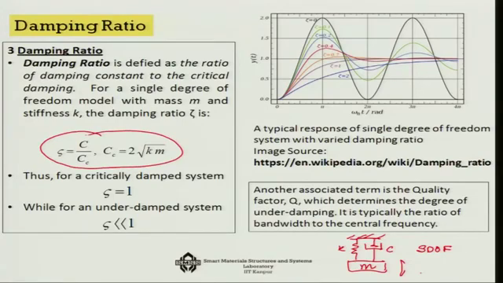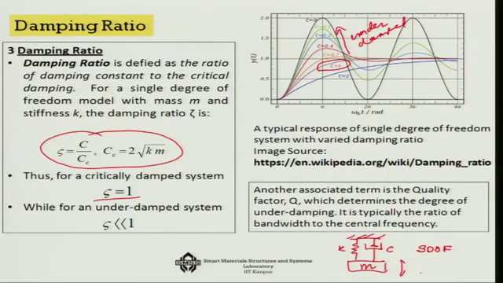And thus, for a critically damped system, the value of zeta is unity, because C equals Cc, whereas for under damped systems zeta is much less than unity. As you can see here, this is the case of a critically damped system, and all these where the oscillations are continuing are the cases of under damped system.